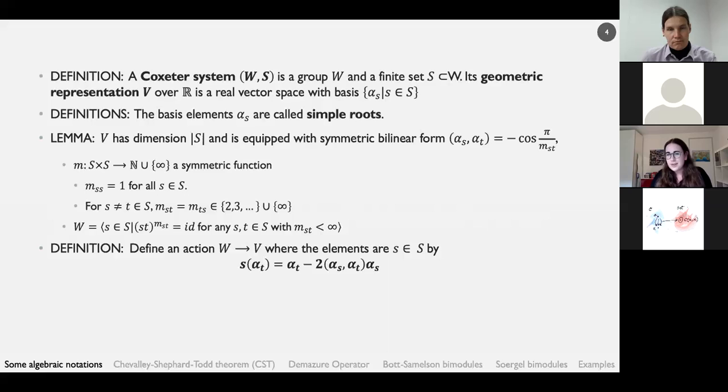Hence the matrix that consists of all the m_st is symmetric with entries a natural number greater than 1 or infinity, and we've already seen that in the weeks before.